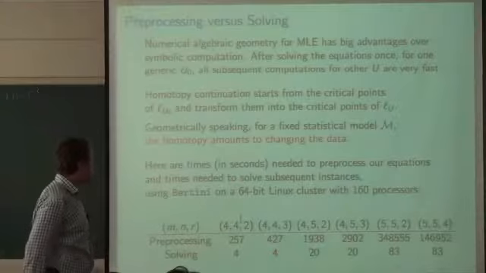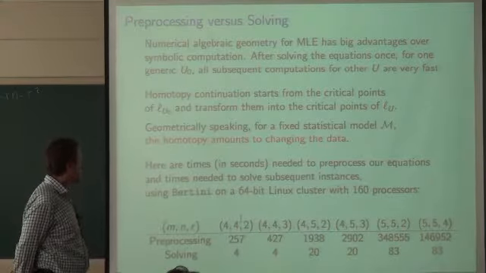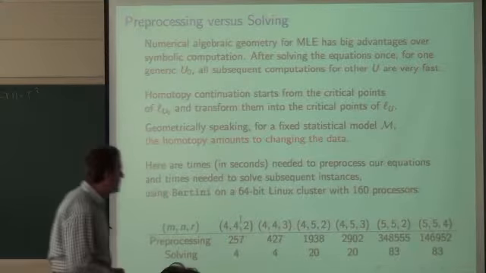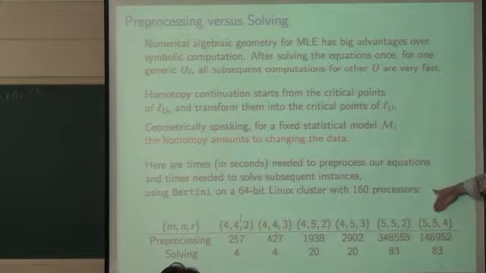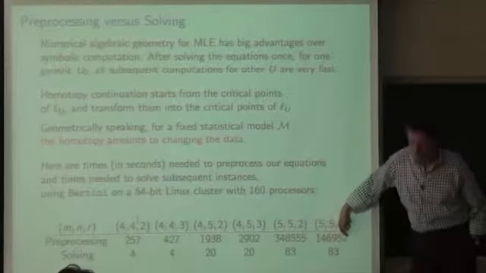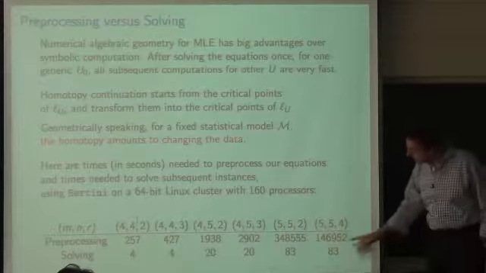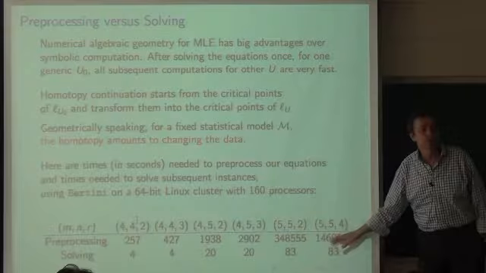Now here are some examples, showing the time needed to preprocess and then solve subsequent instances in this kind of framework. For example, for 5 by 5 matrices of rank 4, it took a very long time, 150,000 seconds, to do the first instance by some other methodology, but every subsequent instance takes only a minute or 2 at most.